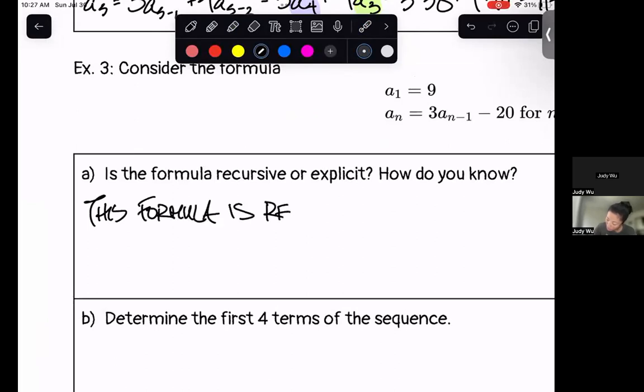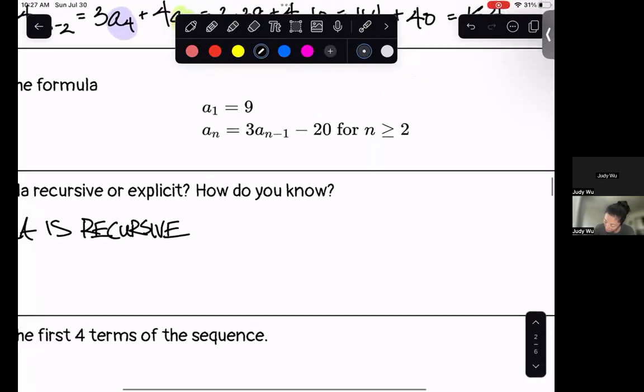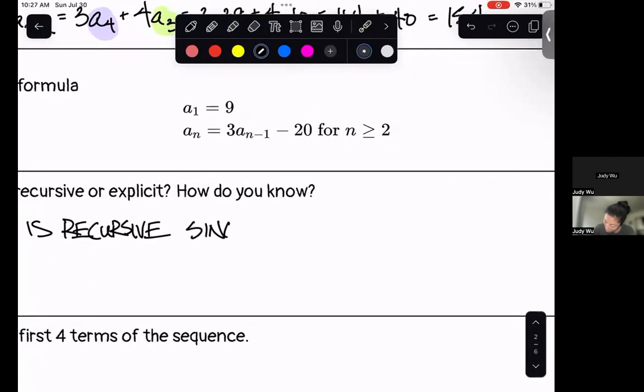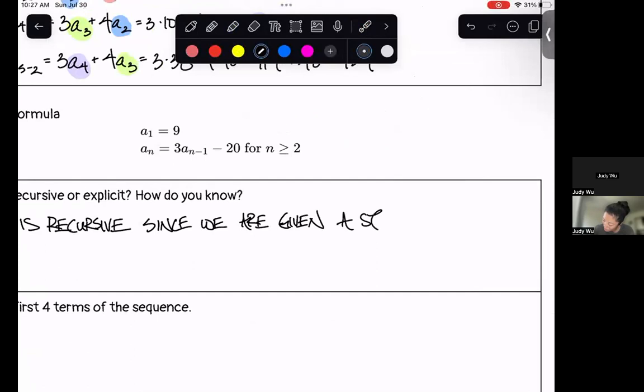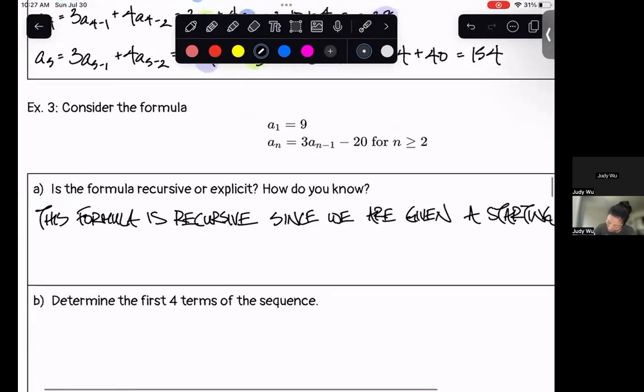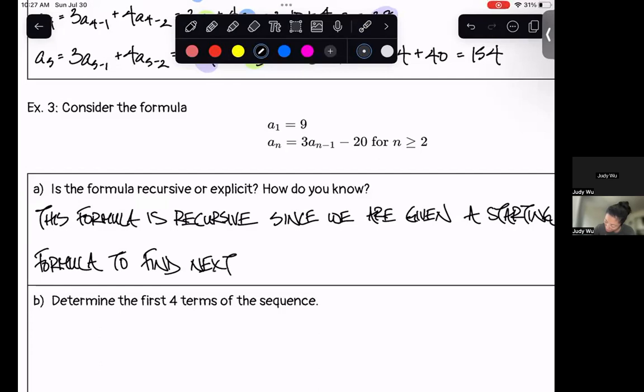But since we have a starting term, we can say that this formula is recursive, since we are given a starting term and a formula to find next terms.